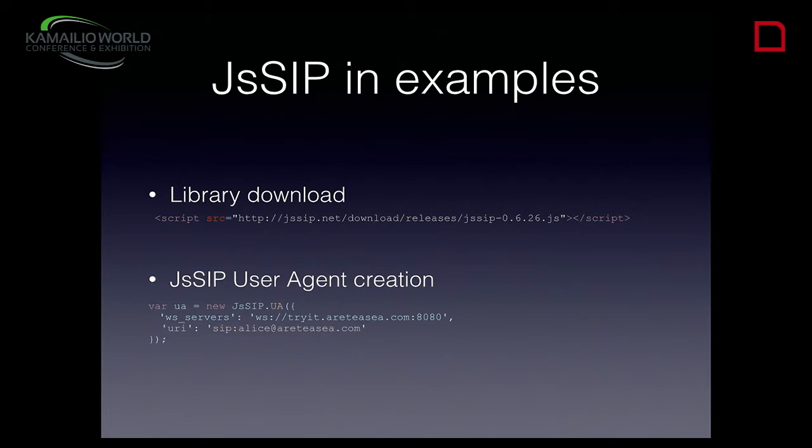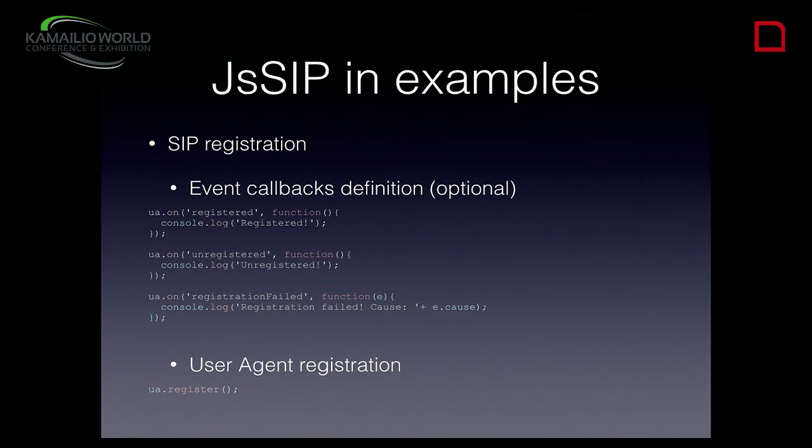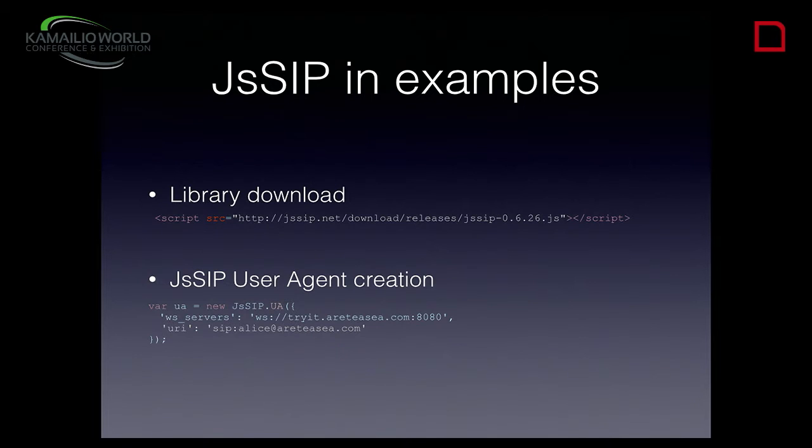In just 3-4 lines, you can have a user agent, just defining the WebSocket servers where we are connecting and the SIP URI. So this is an example. If we want to have merely a user agent that just registers, this would be enough.